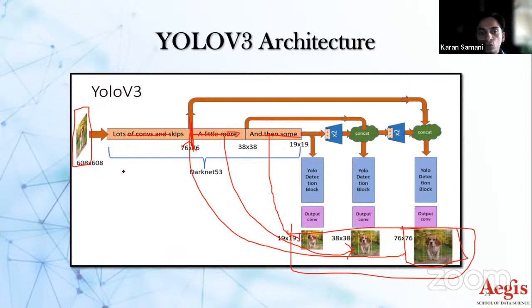So that is why it's called You Only Look Once, and why this architecture works in a single go. This algorithm predicts on a single image 3 times, so that it is more sure that whatever it is predicting is accurate. That is why it goes only once, and we don't have to iterate over the image again and again, and that is why it is used in real-time detection.